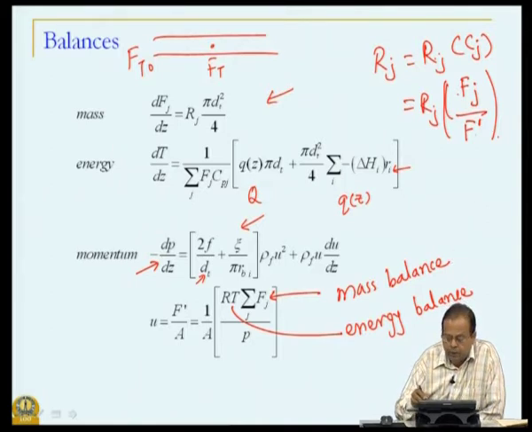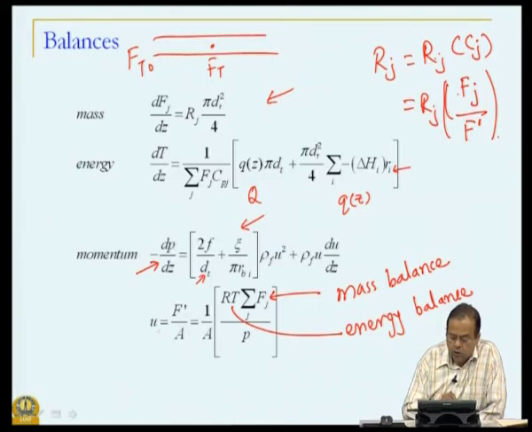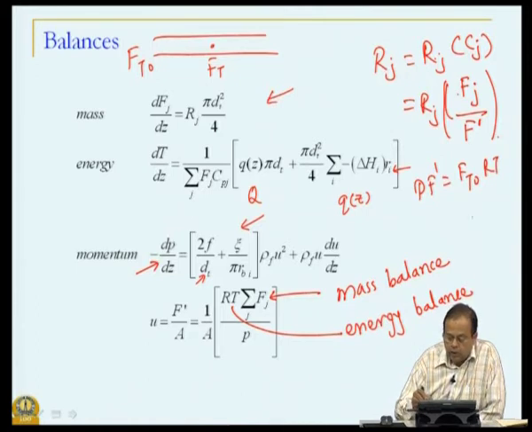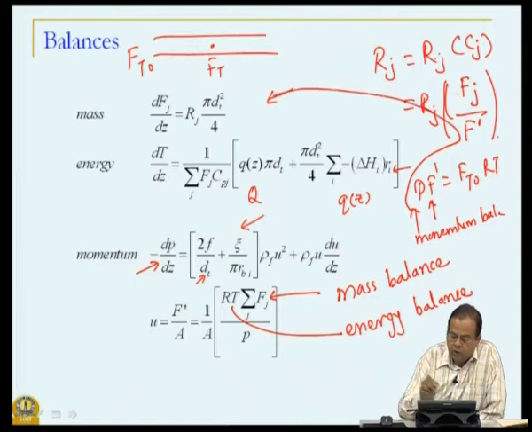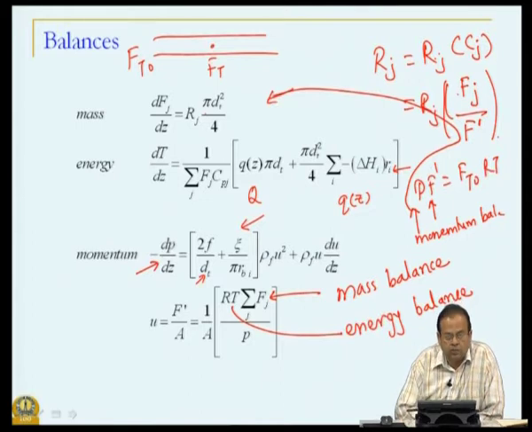Now, F prime is given by U into A, for example, and we see here that, what is F prime? P F prime is F T 0 R T, right. So, F prime changes as pressure changes. So, this is my momentum balance term. So, this is now linked to mass balance equation because of its appearance in the Rj term.